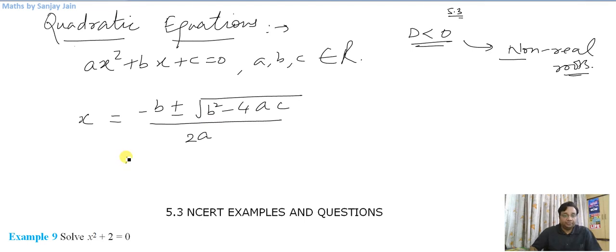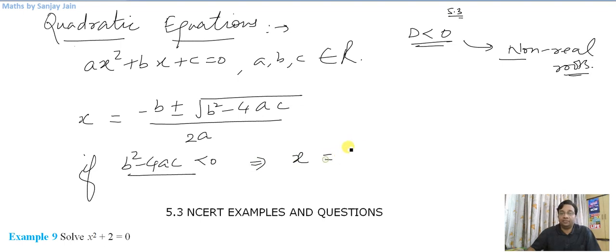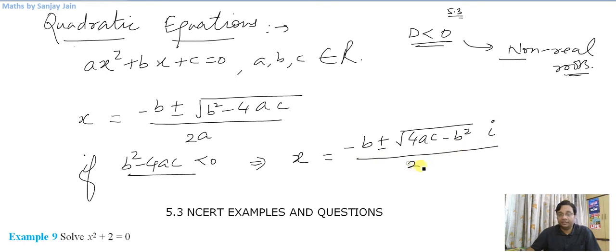And if b squared minus 4ac is negative, then we used to say that it has got non-real roots. But now we will write those non-real roots. If b squared minus 4ac is less than 0, then we will write these roots as x equal to minus b plus minus square root of 4ac minus b squared, and then we will take iota outside, divided by 2a.